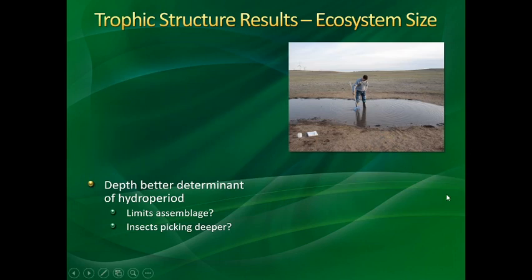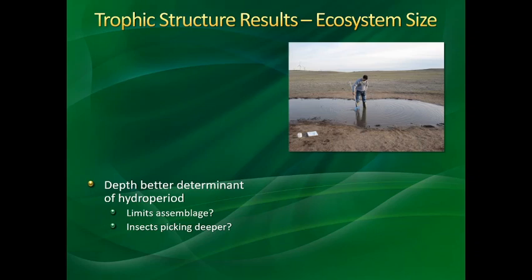So, I went to Colorado, to a bunch of these different playas. Some of them were very, very small, as you can see, but these were chock full of organisms. And what I wanted to determine was how long the water lasted when I was out there, because that's a huge determinant on who can actually live there, right?